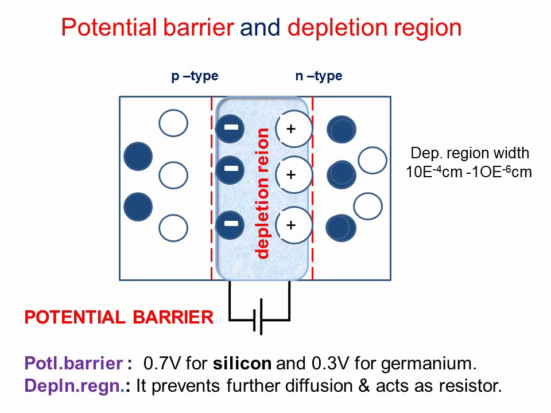The potential barrier varies with respect to the semiconducting material. For example, for silicon, the barrier potential is 0.7 volt. For germanium, 0.3 volt.